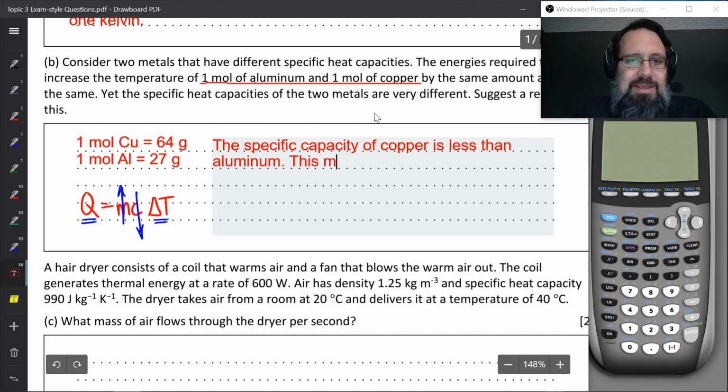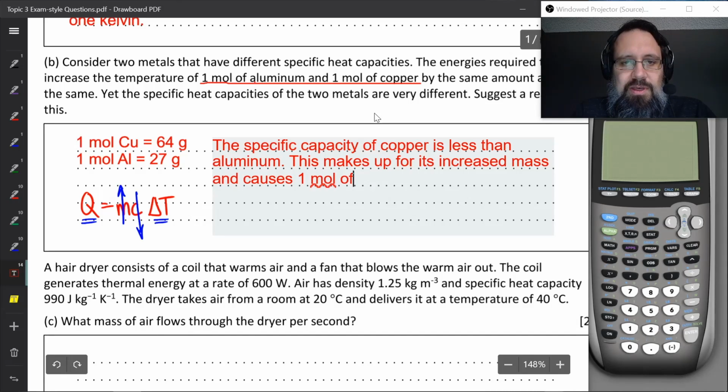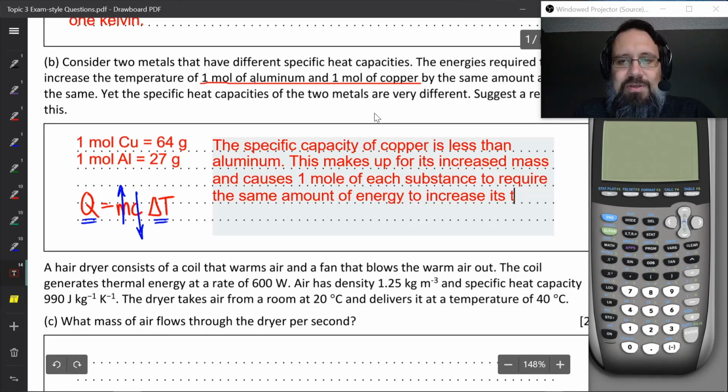And then we'll say this makes up for its increased mass and causes 1 mole of each substance to require the same amount of energy to increase its temperature.